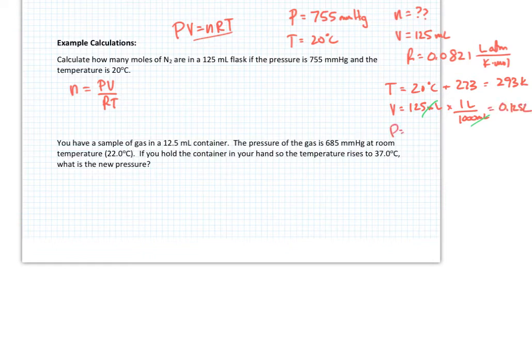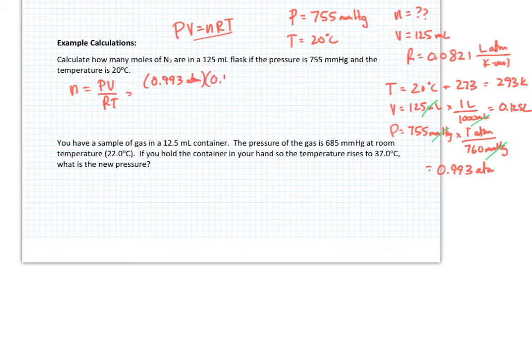And the pressure is 755 millimeters of mercury times 1 atmosphere per every 760 millimeters of mercury. That's going to cancel, and that is going to equal 0.993 atmospheres.